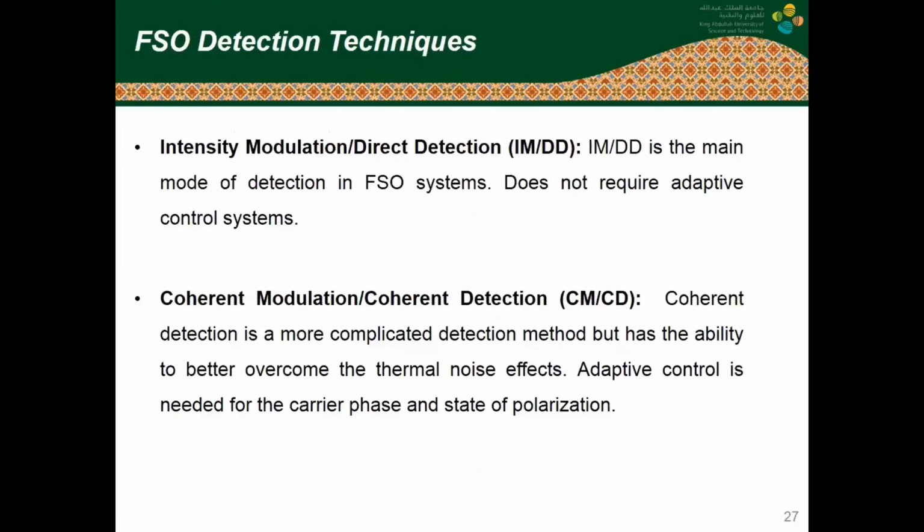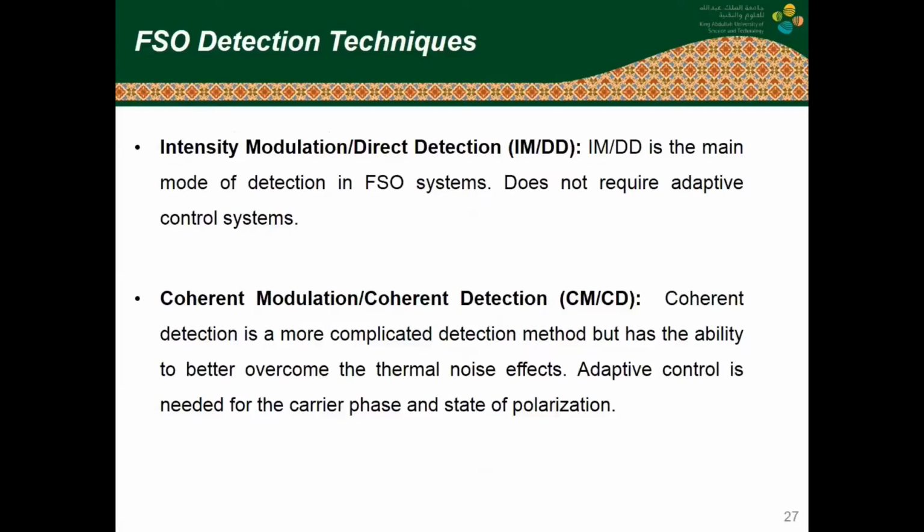When we talk about free space optics, we have two ways of detecting the signal. Like in RF, you can use coherent detection, or a non-coherent intensity modulation direct detection. Obviously, intensity modulation direct detection is much less complex. It does not require any phase estimation, but of course it provides lower performance.